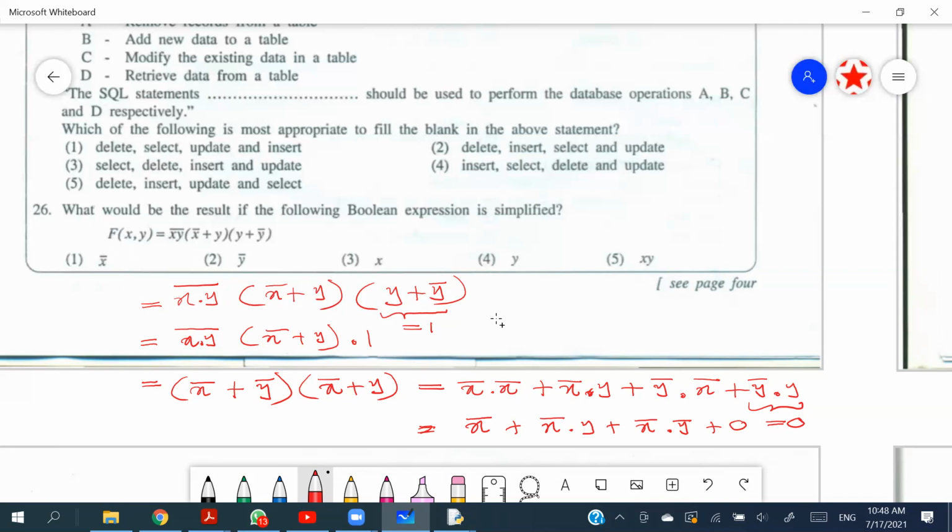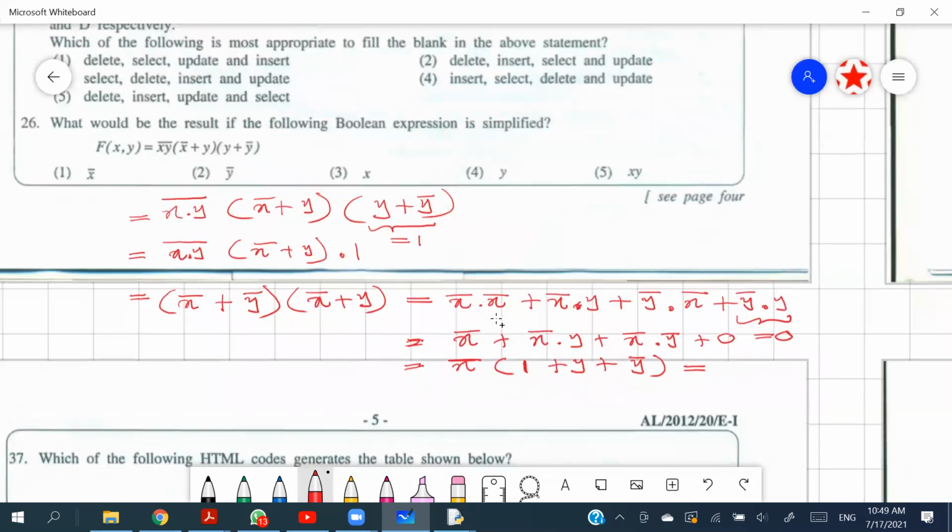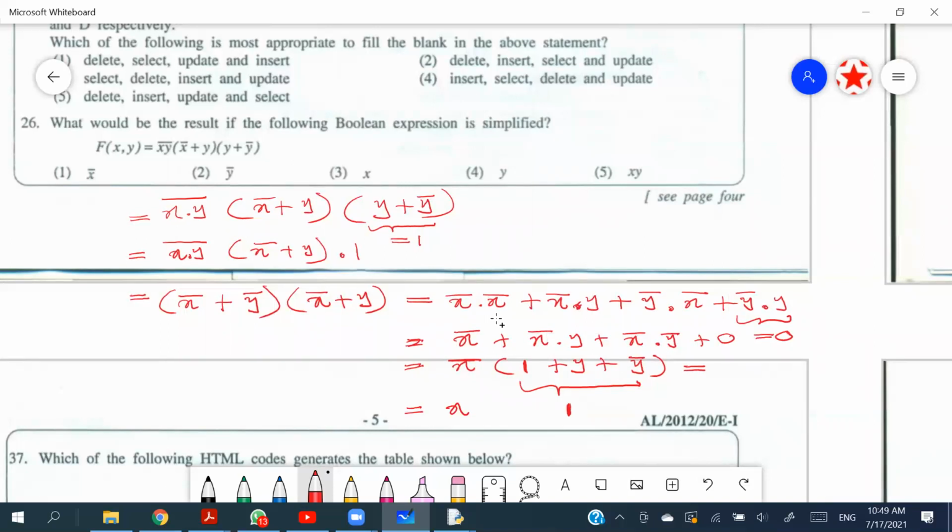From these terms, x bar is common, so take x bar out. It gives you 1 plus y bar, right? In Boolean algebra, if you add anything to 1, it gives you 1 as the answer. So it's going to be x bar dot 1, which is x bar as the answer. So the answer is going to be the first one.